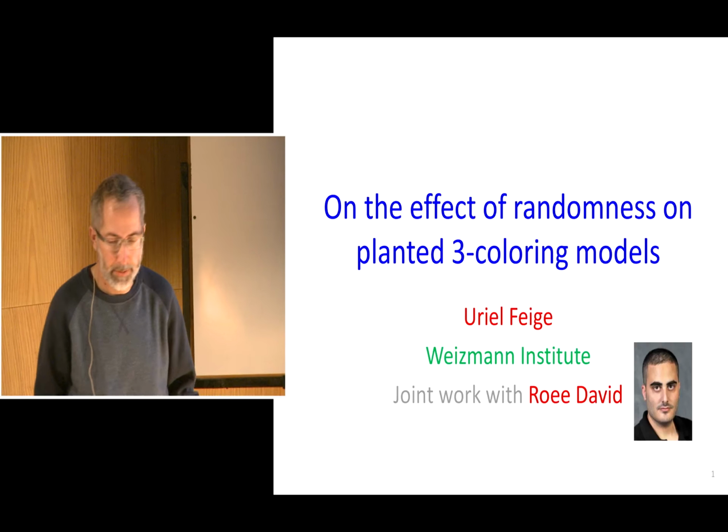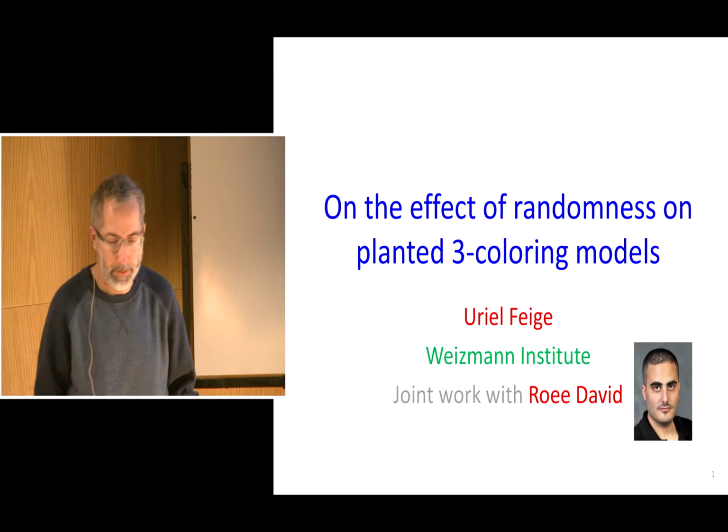So most of the vertices you actually color correctly, but some fraction of them, something like n over d, you don't color like the planted coloring. So among them, you might have edges that are monochromatic. The next step is some local improvement to reduce the fraction of vertices which are not colored like the planted coloring.